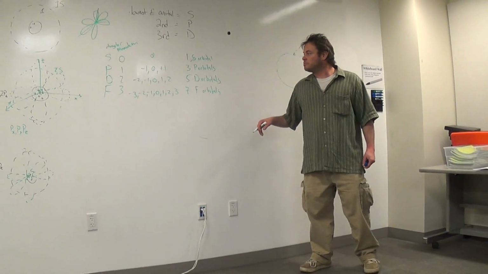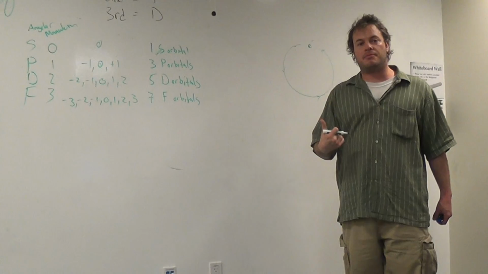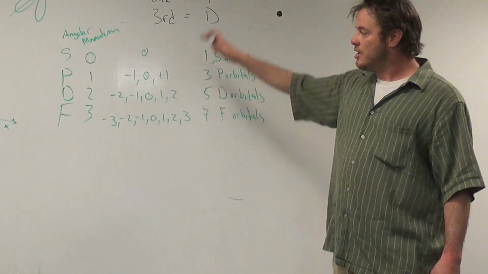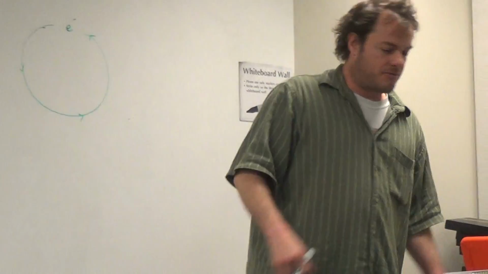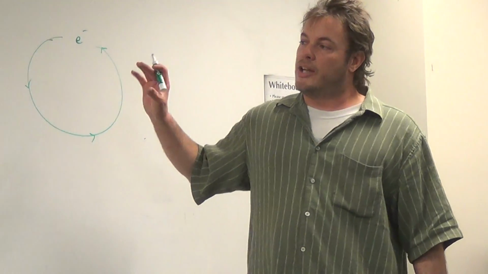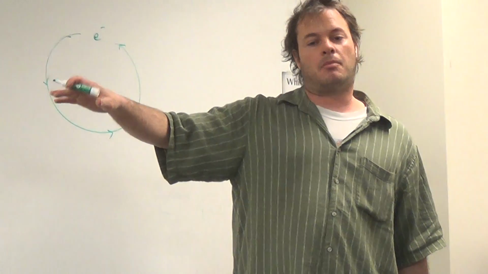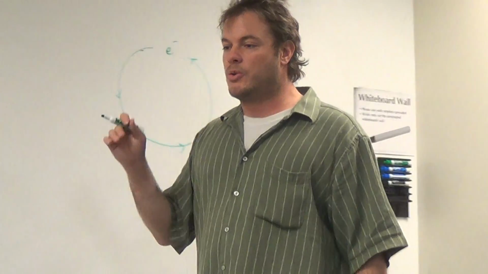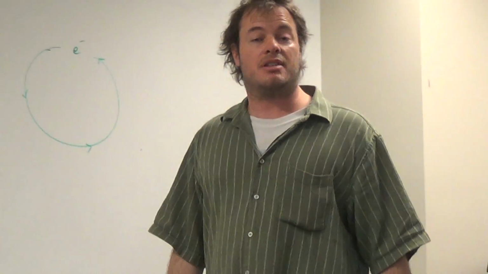So we saw that an electron traveling in a circular path generates a magnetic field, and that splits these degenerate orbitals into different compartments. An electron in an orbital generates a magnetic field, but also an electron that's just free has a quality called spin.